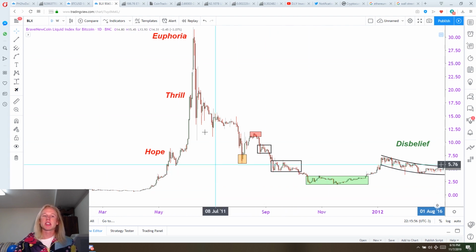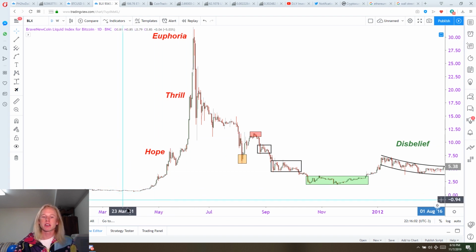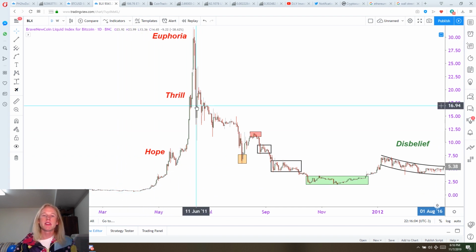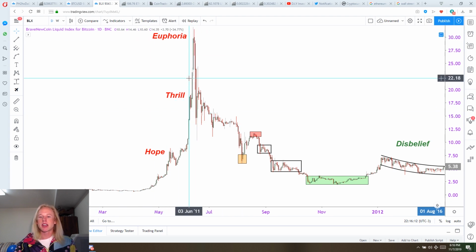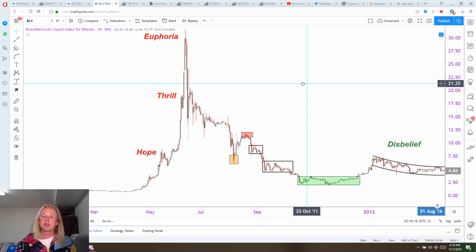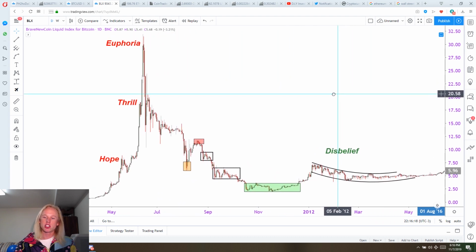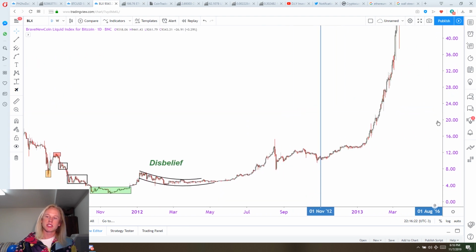Now, this being such a massive bubble and shakeout, this showed that there was still a lot of emotion inside of this market, and that's really why we saw such parabolic moves. And really, that's kind of the given inside of cryptocurrency in general, and this is kind of what we expect to see. Now, I really like this market cycle, and my biggest reason for talking about it today is the fact that what happened shortly after this consolidation was the biggest expansion that we have seen inside of Bitcoin.